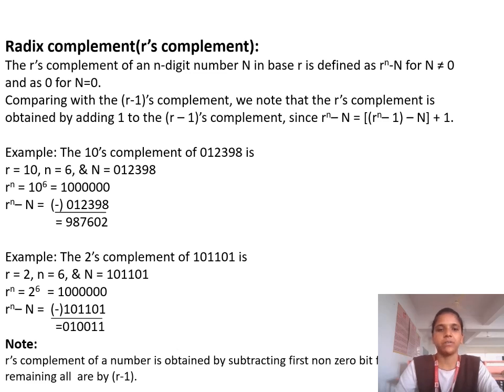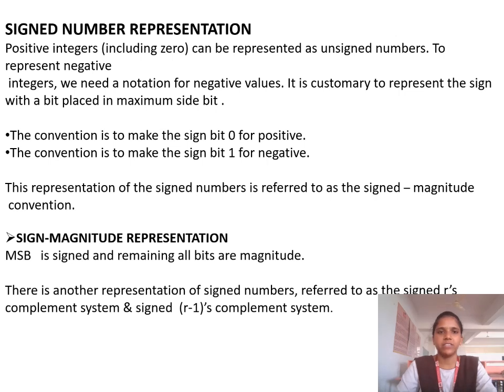Signed number representation. Positive integers, including 0, can be represented as unsigned numbers. To represent negative integers, we need a notation for negative values. It is customary to represent the sign with a bit placed in the most significant bit position, the MSB. The convention is to make the sign bit 0 for positive and the sign bit 1 for negative.